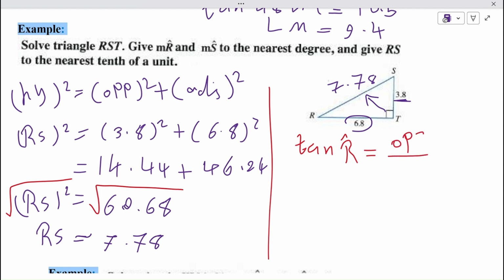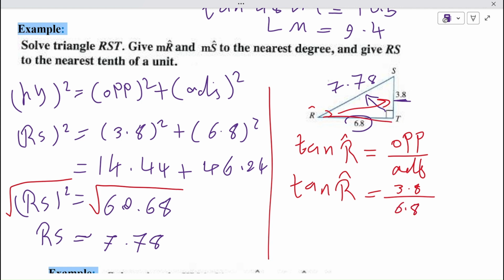We will find the degree of R, of course. So tan of R is equal to opposite, 3.8, over adjacent, 6.8. Guys, here we want to find R, so we have to take tan inverse of both sides.